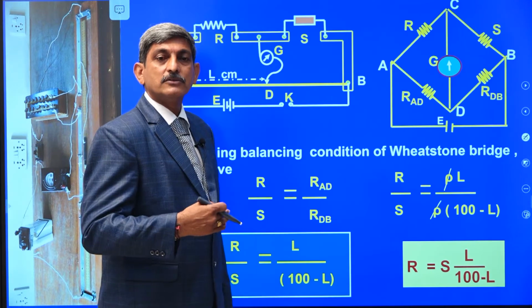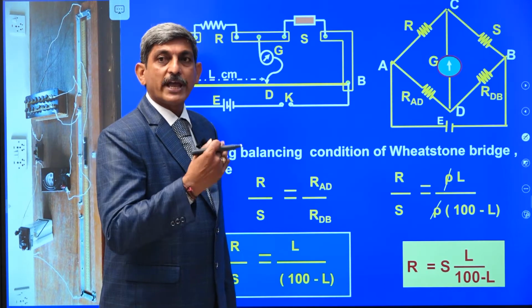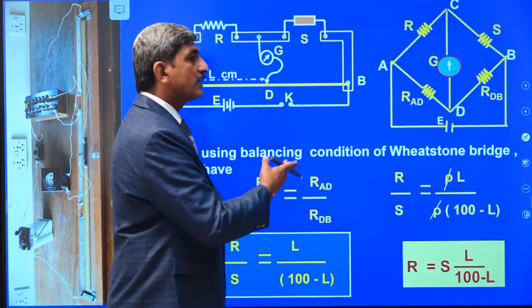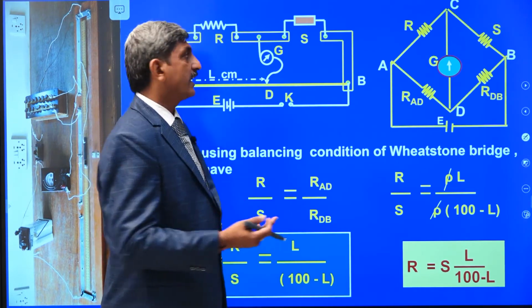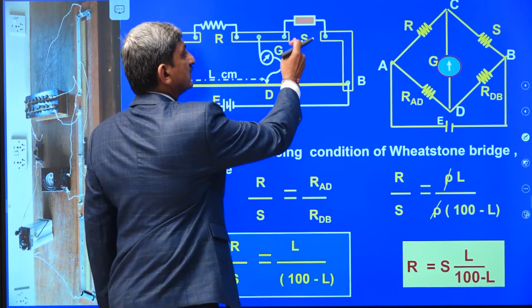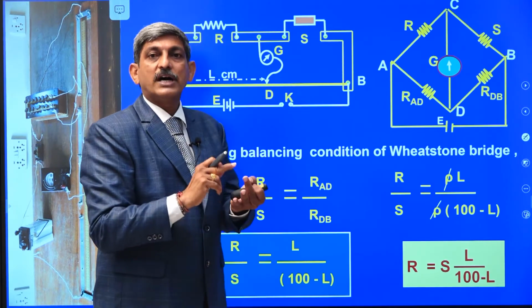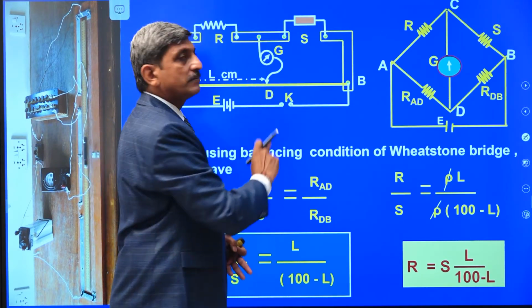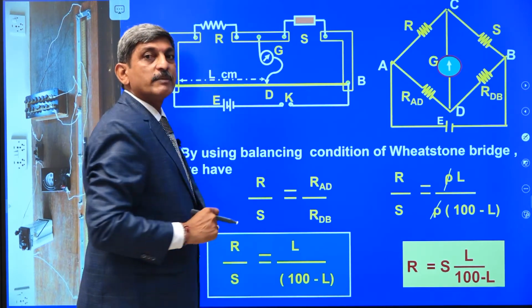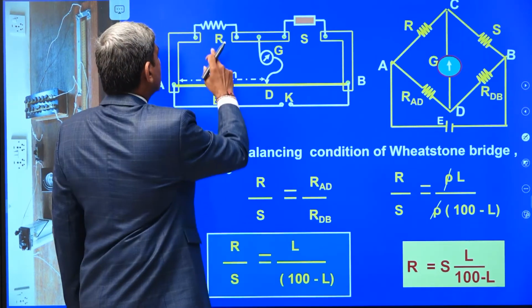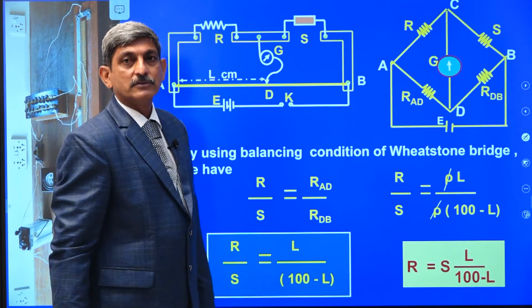To get the value with more accuracy, we repeat the same experiment by choosing different values for S. That means take S1, S2 and S3 values in the left gap, and each time determine the balancing length and calculate the unknown resistance R value.